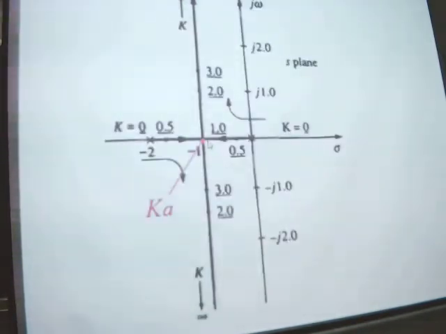When we give this table, we can see that when k is changed from 0 to infinity, the root locus is changed like this.